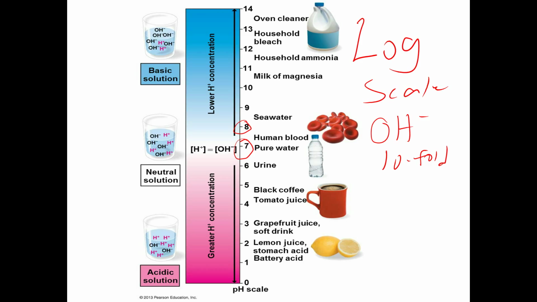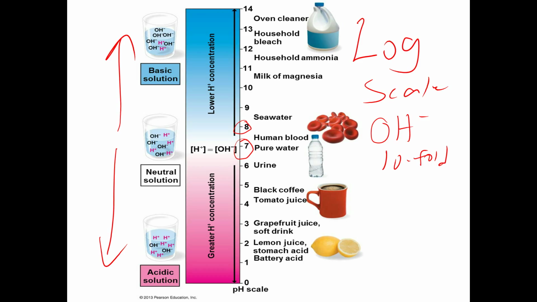So every increment is a tenfold increase in either OH or hydrogen ions, depending on whether you're becoming more basic or more acidic.